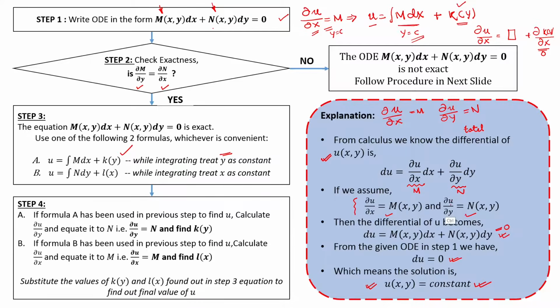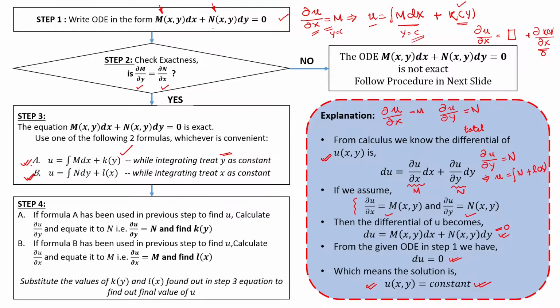In the same manner, if we take the differential equation del u by del y equal to N, then u equal to integration of N dy plus a constant of integration which is a function of x, that is L of x. Same thing is written over here.